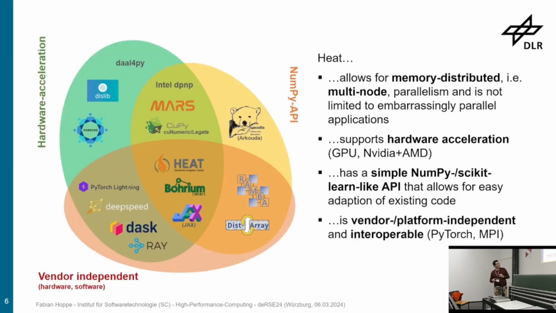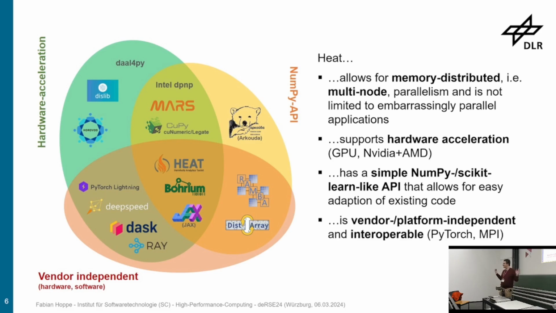The next thing is we want to be vendor and platform independent and interoperable. So when I say platform independent, that's of course a bit difficult because we rely on PyTorch and MPI. We'll say some words about that later on. But I think having MPI on a cluster can be considered as being quite platform independent, at least until now.